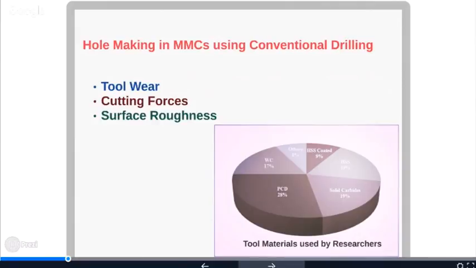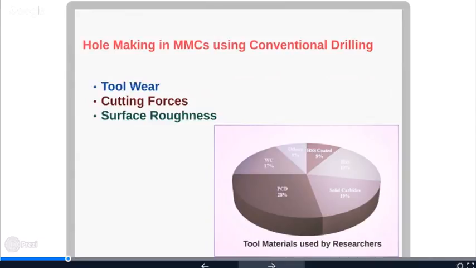The net result of all these tool materials is that high-speed steel, coated high-speed steel or tungsten carbide are straightaway rejected by researchers. When you drill with these tools, they interact with the solid carbide or abrasive particles, and the tool is immediately worn out.